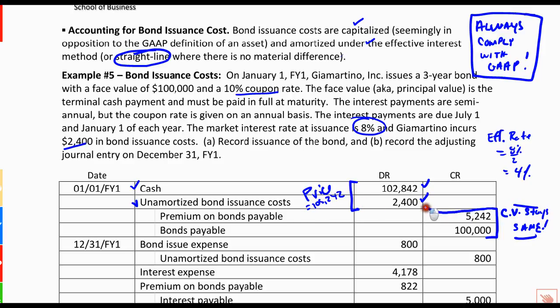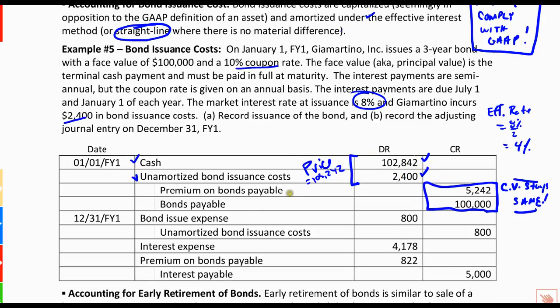But we keep track of what the market was willing to pay, and that's what the amortization and the carrying value will be based on. All right, so that's it for bond issue costs. It's really that simple. Don't take it out of the carrying value, take it out of the cash proceeds.